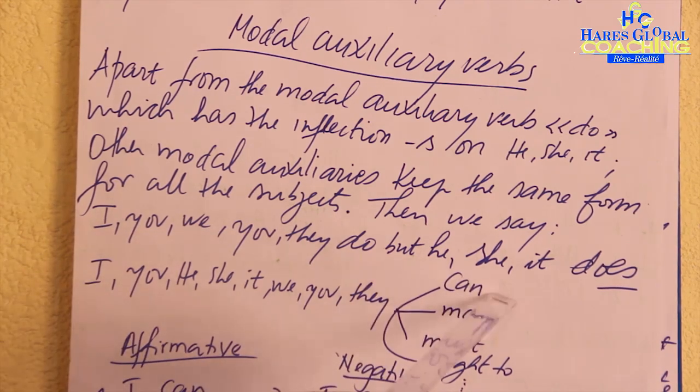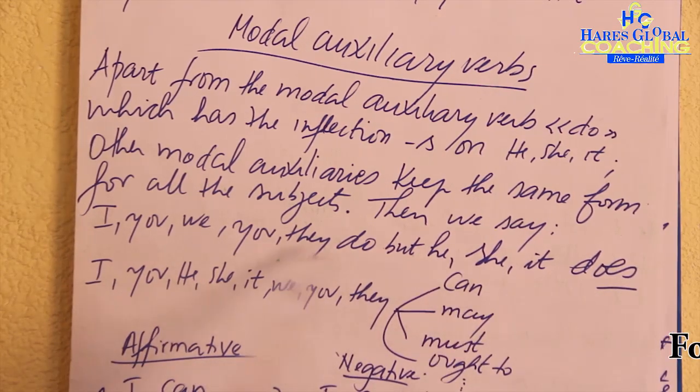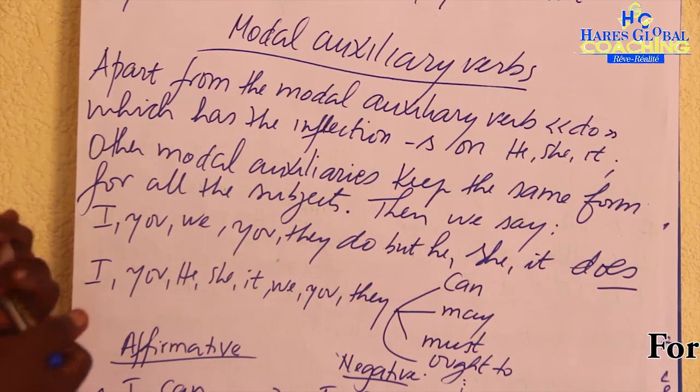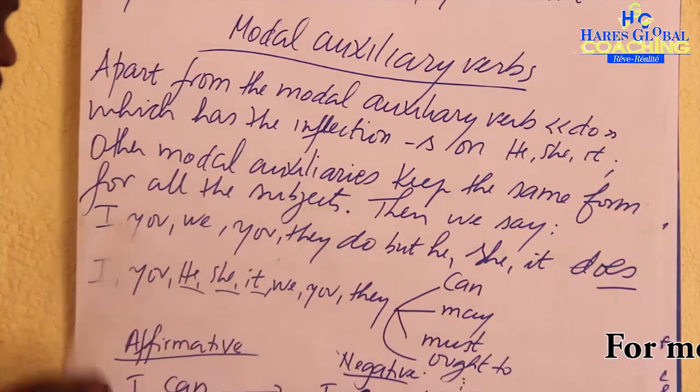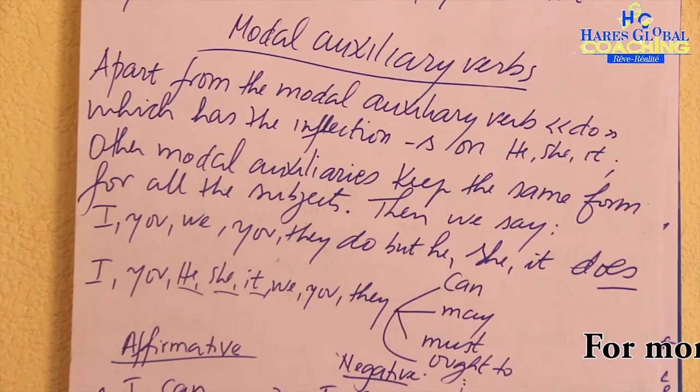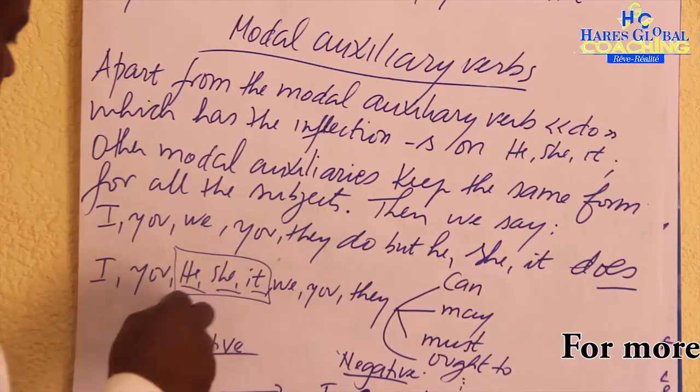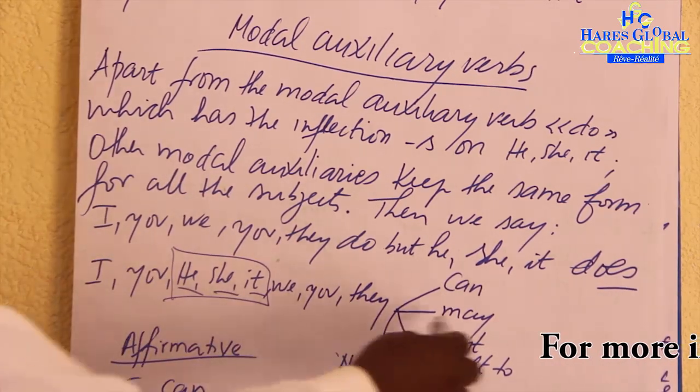We say I can, you can come, he can come. We don't say he can with s, because for other modals, even for this subject, we have the same form.